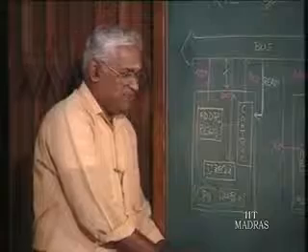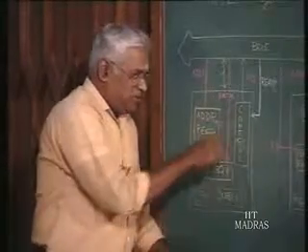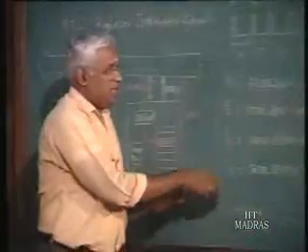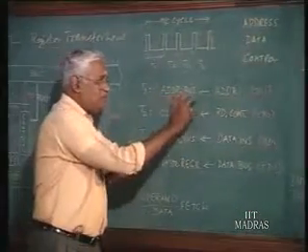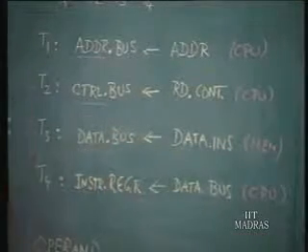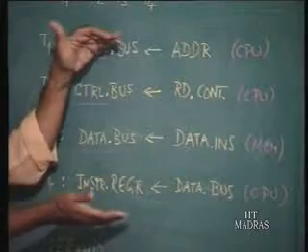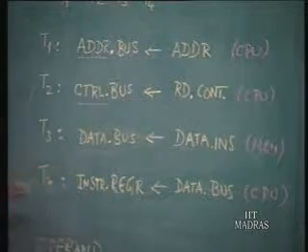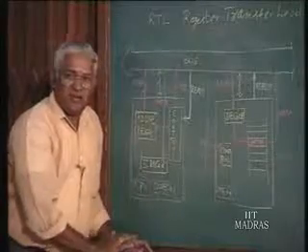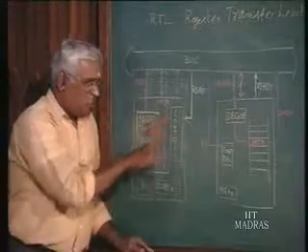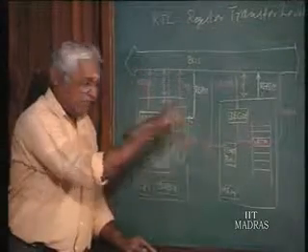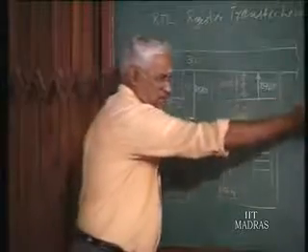Now, this control unit can be designed making use of hardware which implements these micro steps, or we can have a micro program which indicates these, and then we can have a controller based on that.